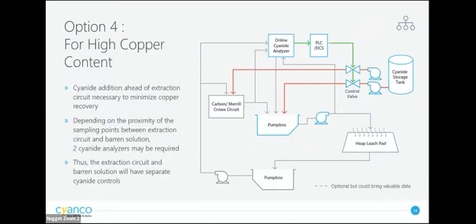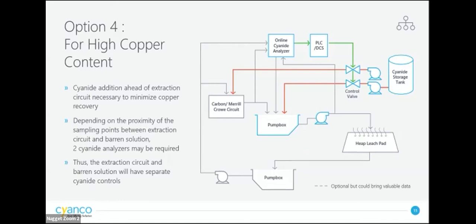And we have a 4th option, for the case where you have a high copper content. In this one, typically there are two addition points.